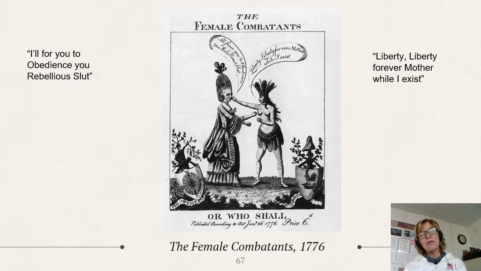Okay, and last thing I wanted to show you, this is a political cartoon. And it kind of reminds me of a story, which I guess I'll tell you now, but very quickly. I went to visit FDR's home in Hyde Park, New York. We go in there, and there are a whole bunch of political cartoons from the American Revolution. And the King of England and the Queen were supposed to come and visit Franklin Delano Roosevelt during World War II.